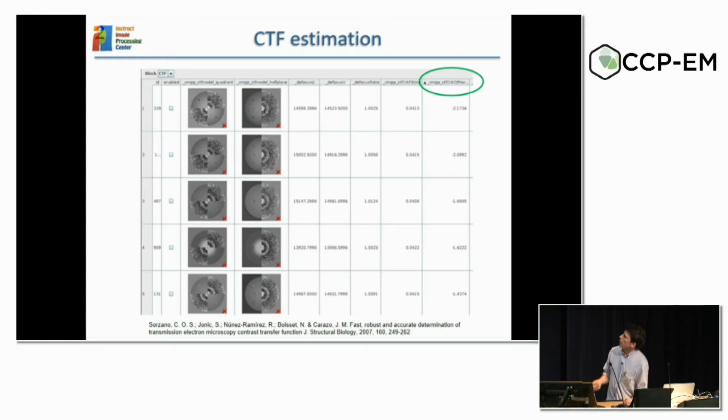Here you have a view of this data set I told you, 2.2 angstrom galactosidase, and you see there are many micrographs that have problems at the level of the power spectrum. And you have up to 14 parameters to identify all these problems. Also, one of the boxes automatically checks these parameters and takes decisions for you. But you can change the thresholds of all these parameters, etc.